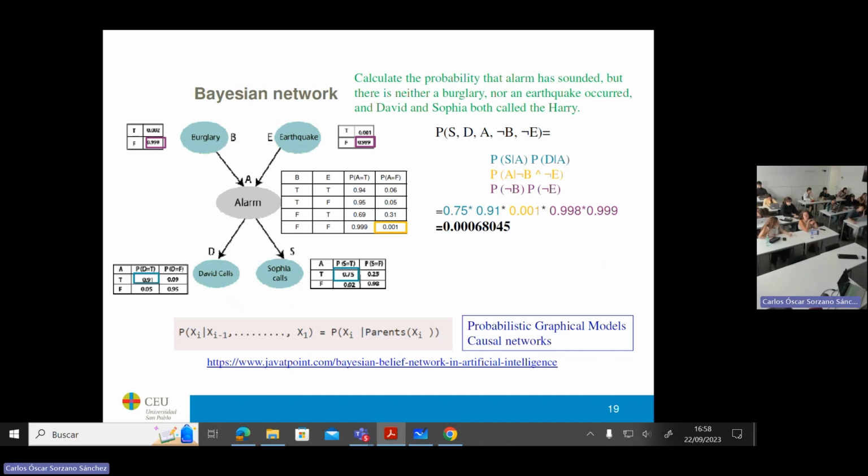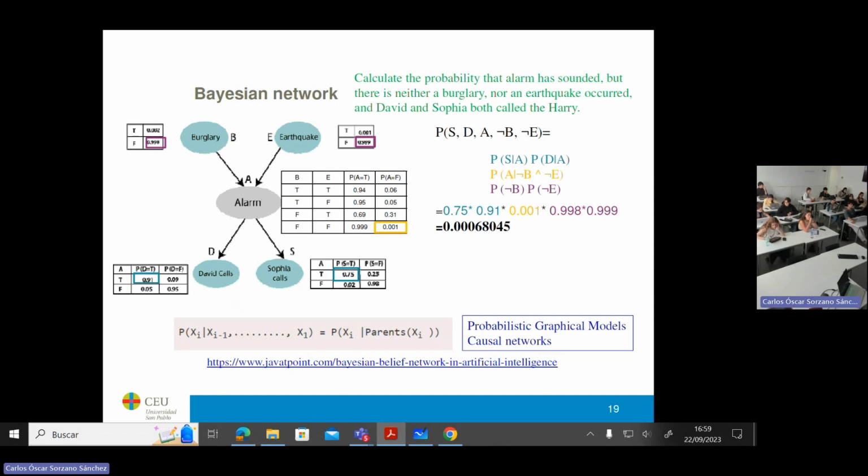Okay, now if there is no burglary but there is an earthquake, then it sounds with probability 0.31. These are the probabilities of making sound, and these are the a priori probabilities. They don't depend on anyone, so these are the input to the network, and these are the a priori probabilities of having a burglary, that is 0.002, and having an earthquake, that is 0.001.